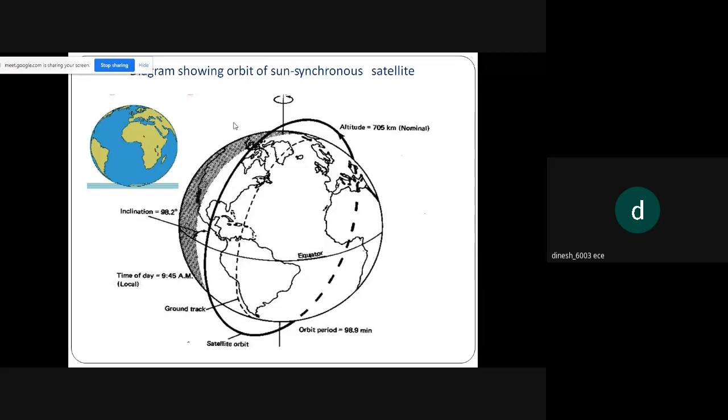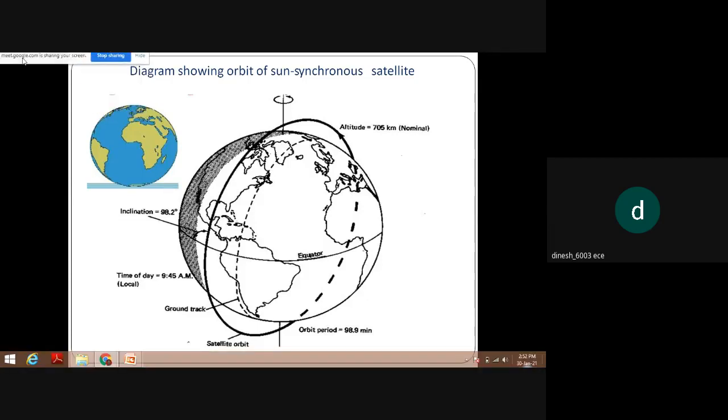The inclination of the satellite is about 98.2 degrees, which has an orbital period of approximately 98.9 minutes, which is used for ground tracking. The time of day which is measured is around 9:45 a.m. local time. The altitude is around 705 kilometers, where the satellite is deployed. Diagram showing the orbit of a sun synchronous satellite.